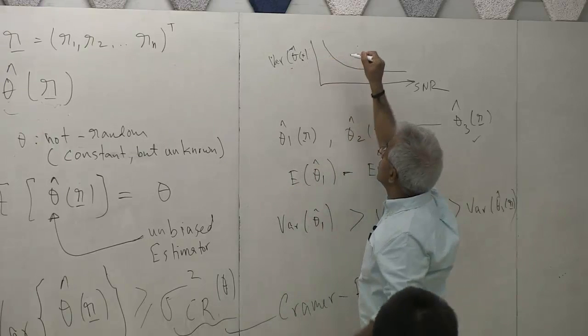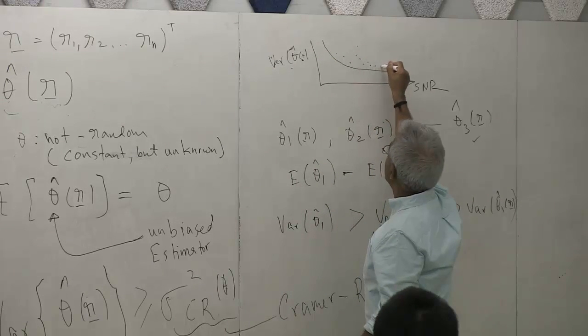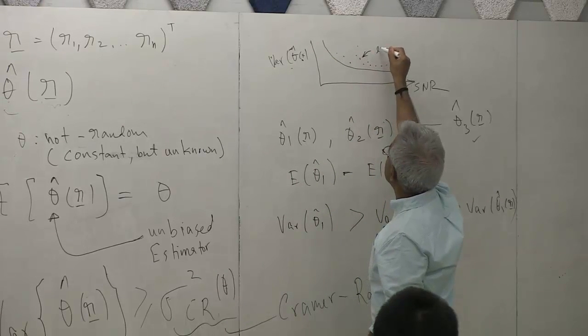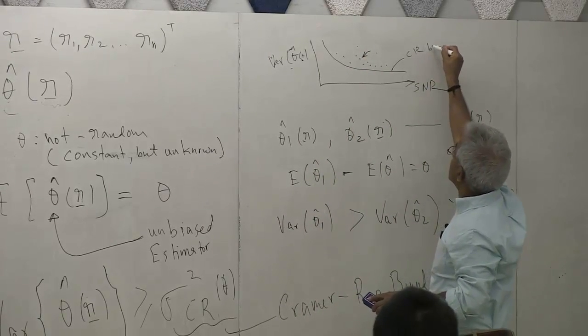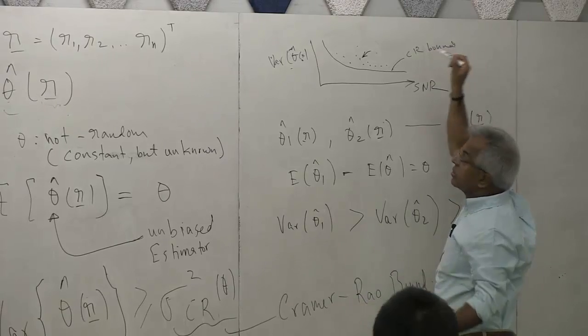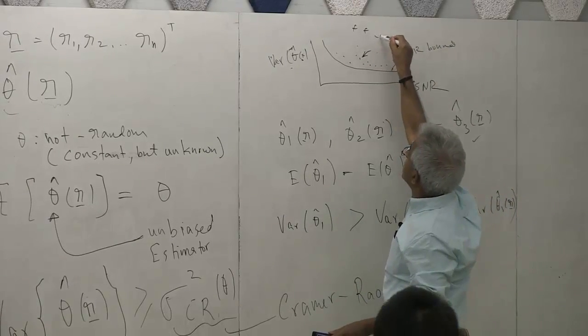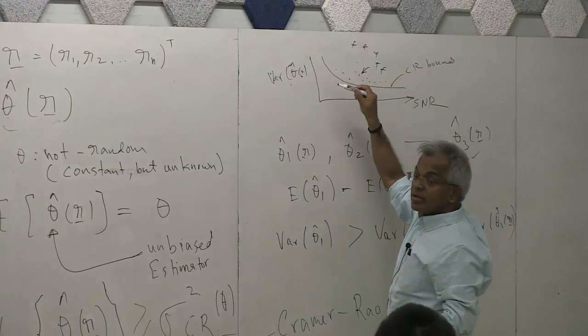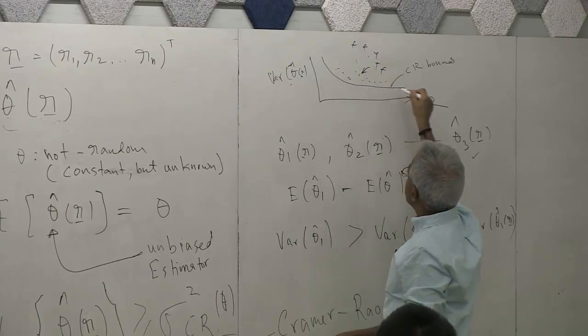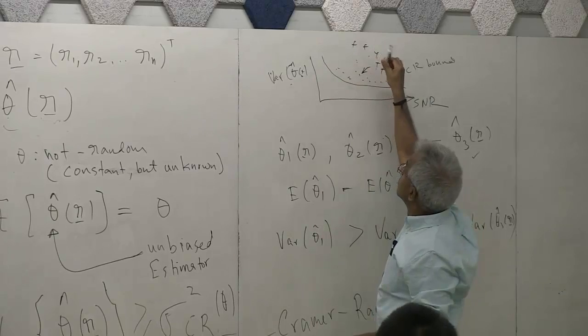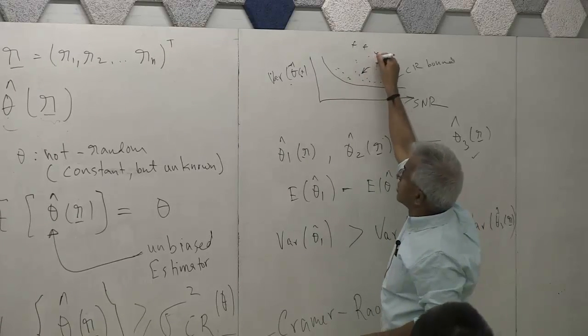So you use your data, and this is your estimator, and then you say this is the Cramer-Rao bound, and you say the other guy did it, his estimator is here, right? So you see, if you have two estimators, this one hugs the Cramer-Rao bound closer. So this is better than this.